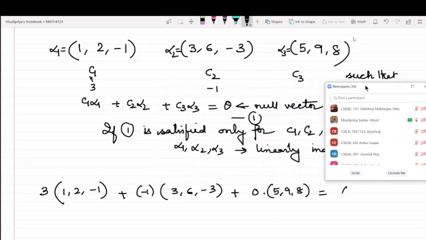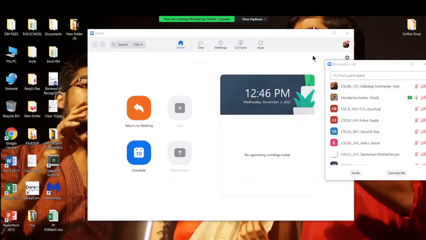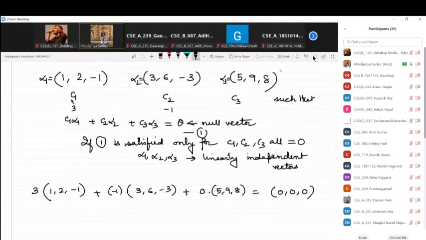Will that lead to 0, 0, 0? Yes, ma'am. That implies you can have non-zero C1 and C2 so that the resultant is the null vector.